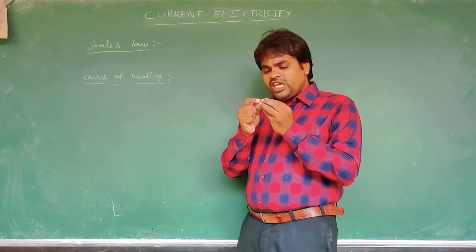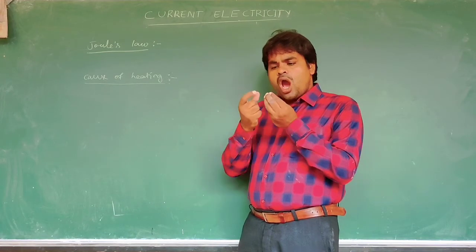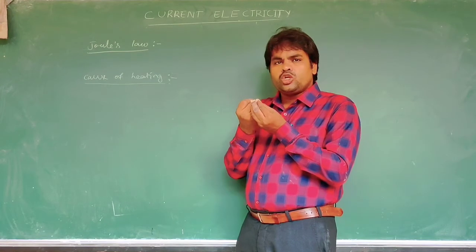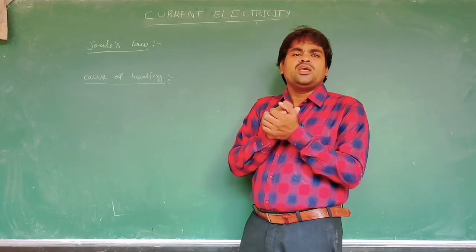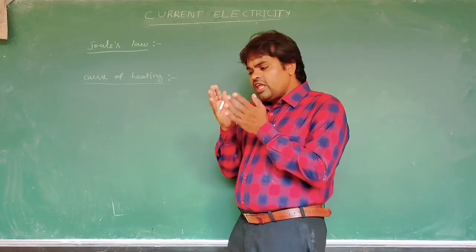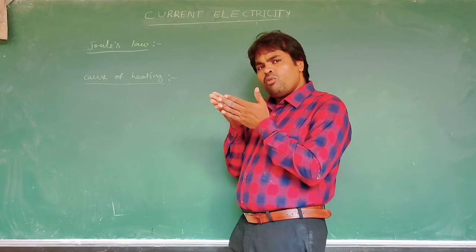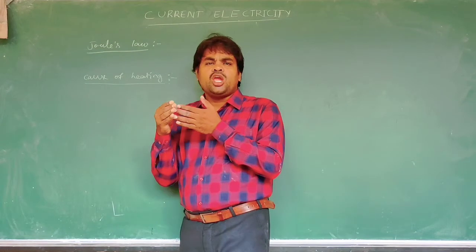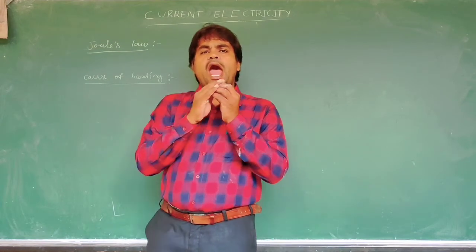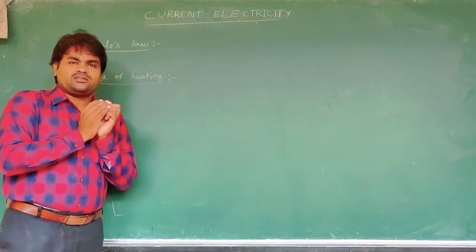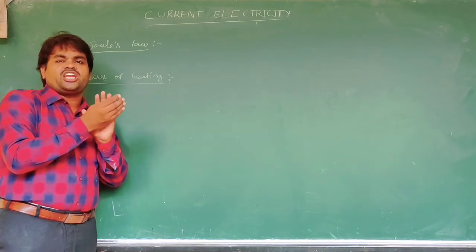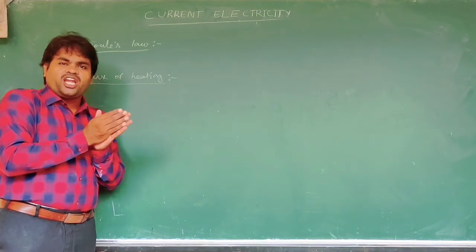Then these electrons gain energy in addition to thermal energy. Then the moving charges collide with the ions or atoms in the conductor and transfer their gained kinetic energy to the ions or atoms.